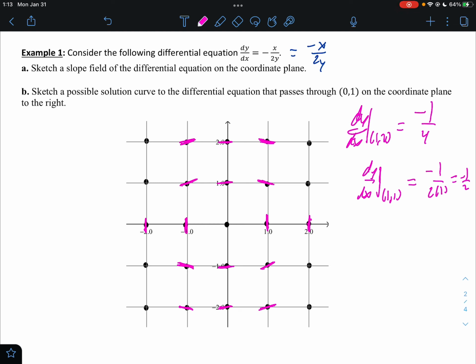Now let's try 2, 2. dy/dx at 2, 2 would be negative 2 over 4, or also negative 1/2. So these should match the ones we had at 1, 1.